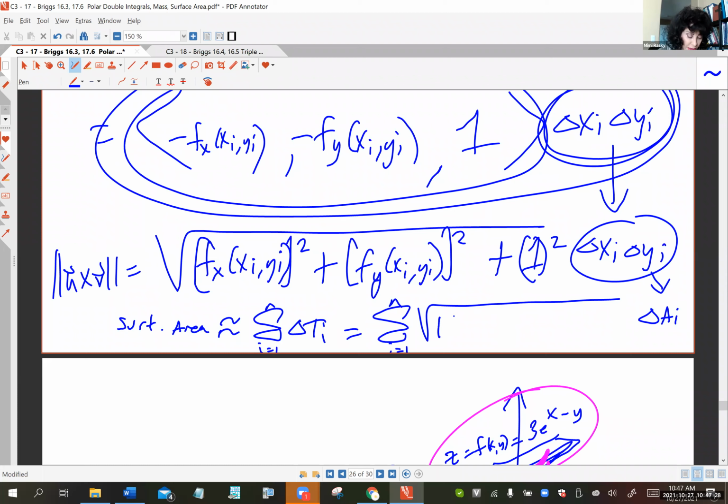And so I'm going to rewrite the radicand so it looks a little prettier. Put the 1 first, looks nicer. And there is your, oh.